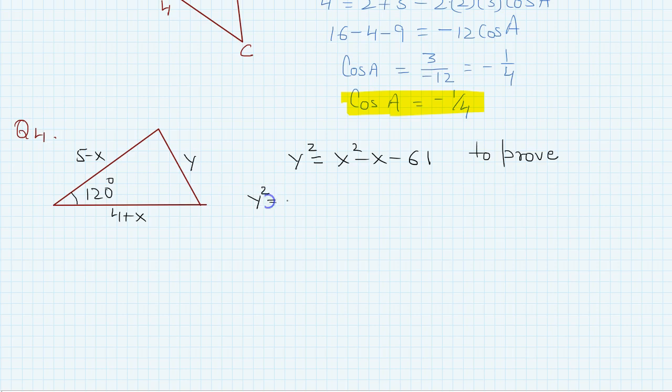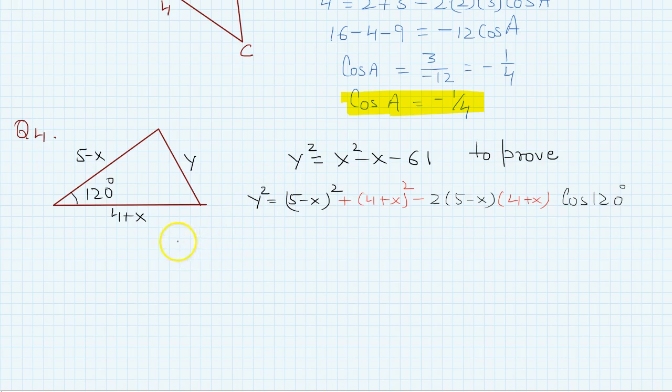So y square is equal to 5 minus x square plus 4 plus x square minus 2 multiply 5 minus x multiply 4 plus x cos 120.